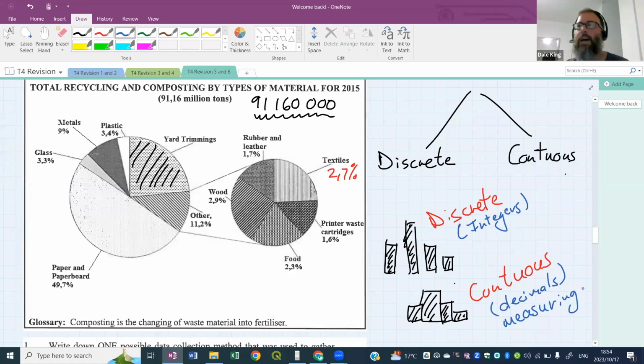For example, the heights of boys in your classroom, or the distances that cars travel in kilometers, where you can have decimal kilometers. The height of boys 1,23 meters, 1,63 meters. So if you can measure it and you have decimals, then you often use continuous data. Okay, so that's the difference.